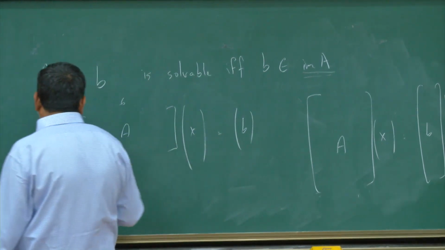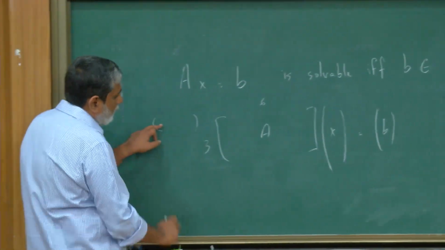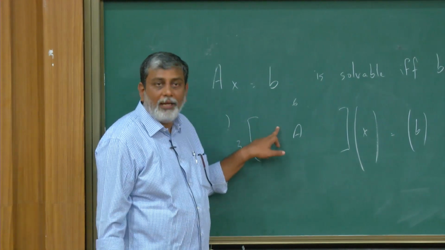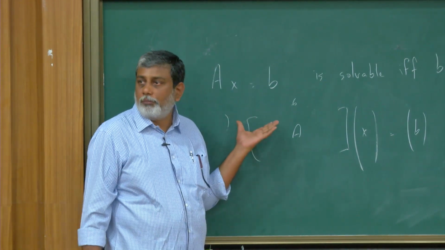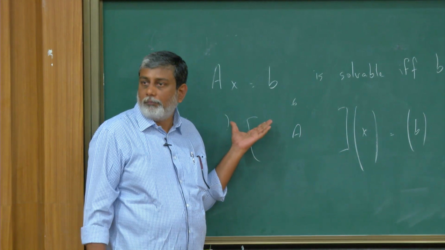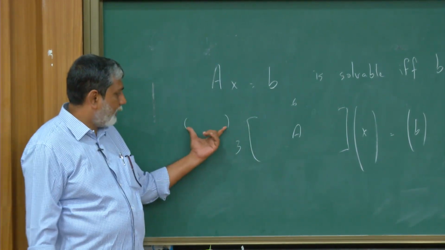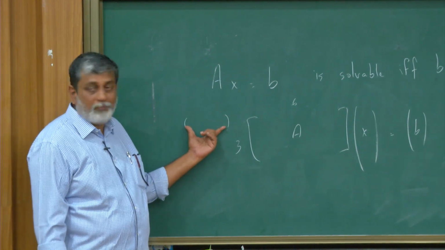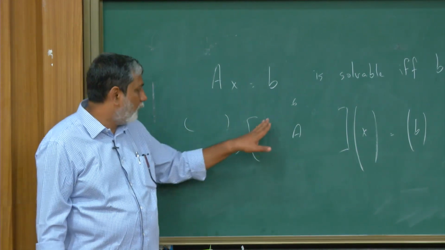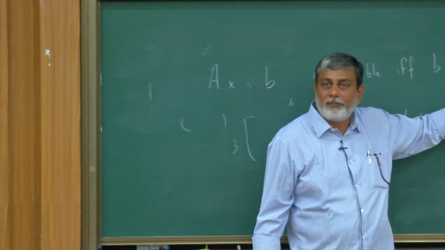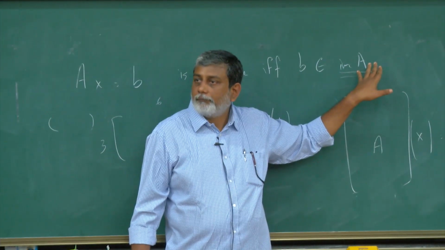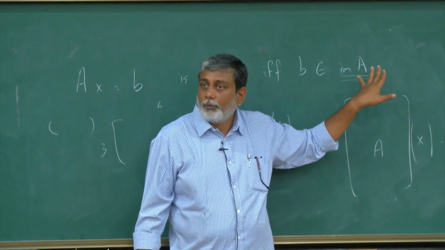So, given this A, there could be vectors which when acting on A give you 0. Those vectors give you the kernel representation for the space spanned by the image of A.